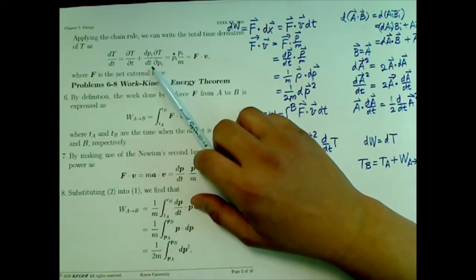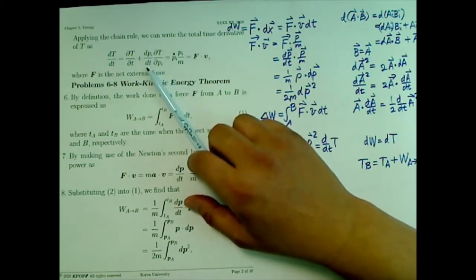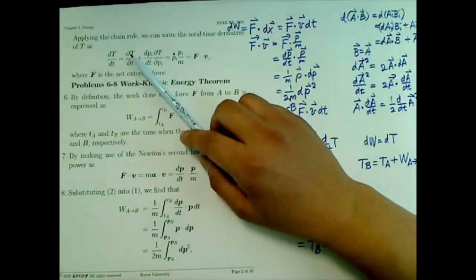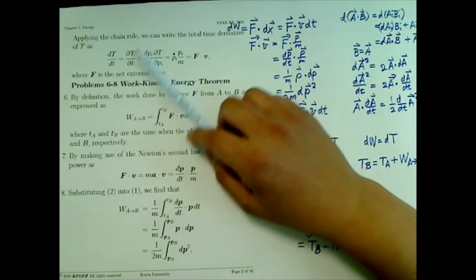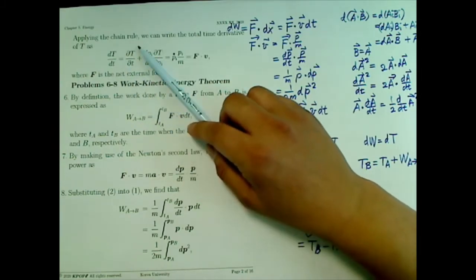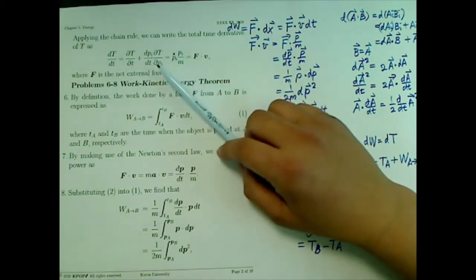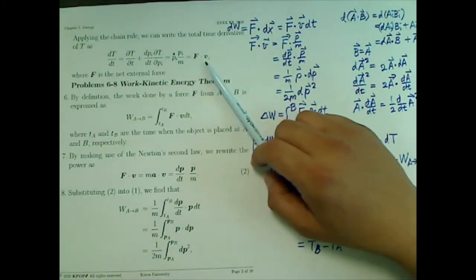According to the chain rule, we have to multiply by the time derivative of momentum. Because the formula p squared over 2m does not have an explicit time dependence, this one vanishes, and this one is a force, and this one is the velocity, and the sum over i means it's F dot v.